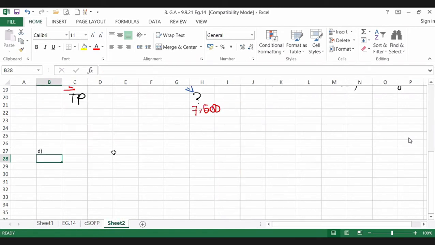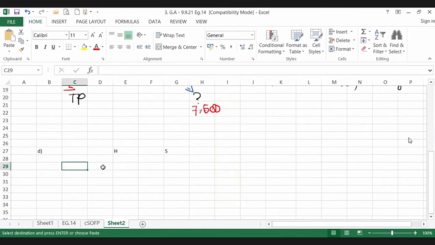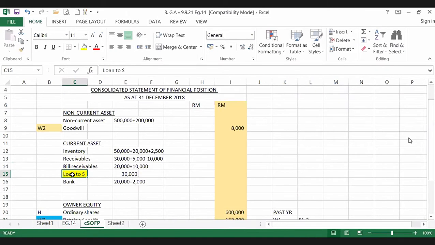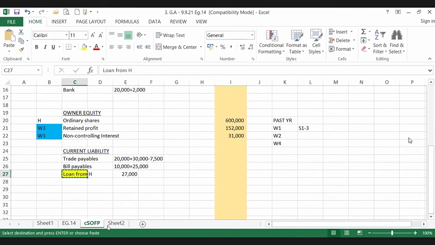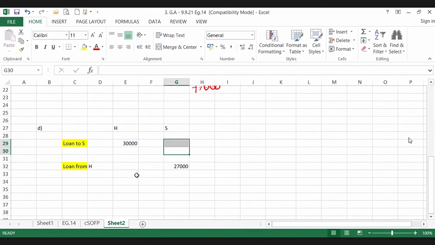So if you observe here in the H column and S column, loan to S is 30,000, and then loan from H is 20,000. And the question is too generous. He explained to you the reason why we suddenly got a different figure. This is intragroup, but why do the two entities have different figures?